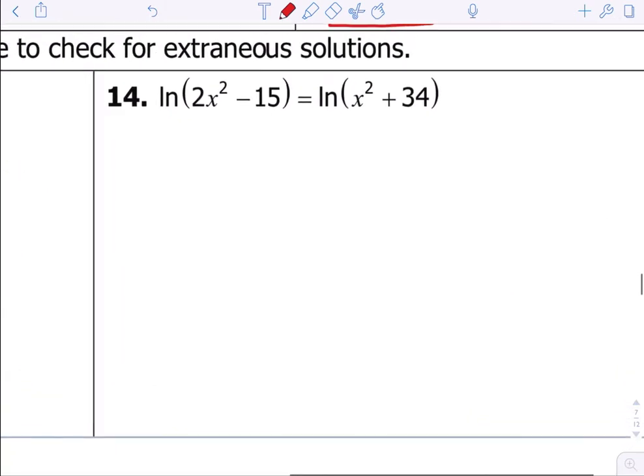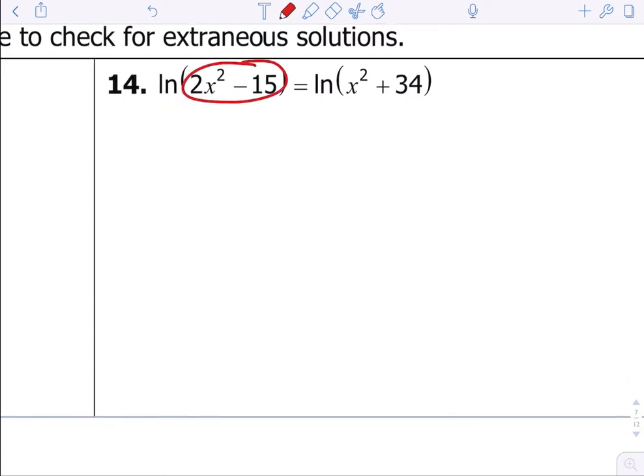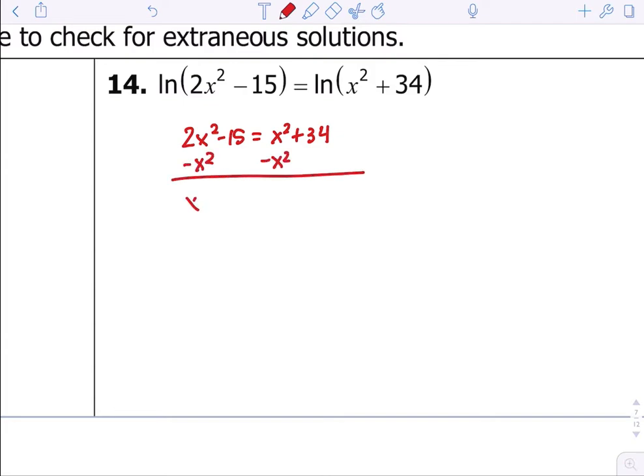All right, 14. ln, and there's an equal sign. So that means we just equate this one to that one, you guys. So 2x squared minus 15 is equal to x squared plus 34. Now let's just solve for x. So I'm going to subtract x squared from both sides. x squared minus 15 is equal to 34.